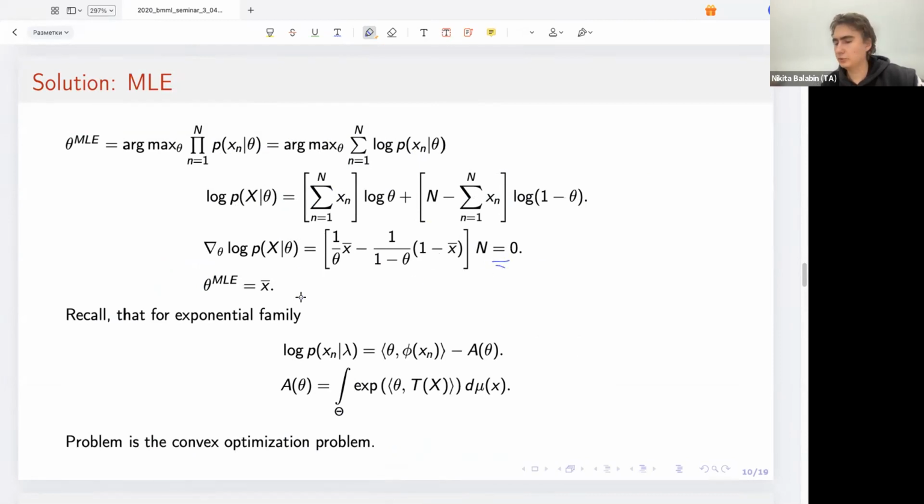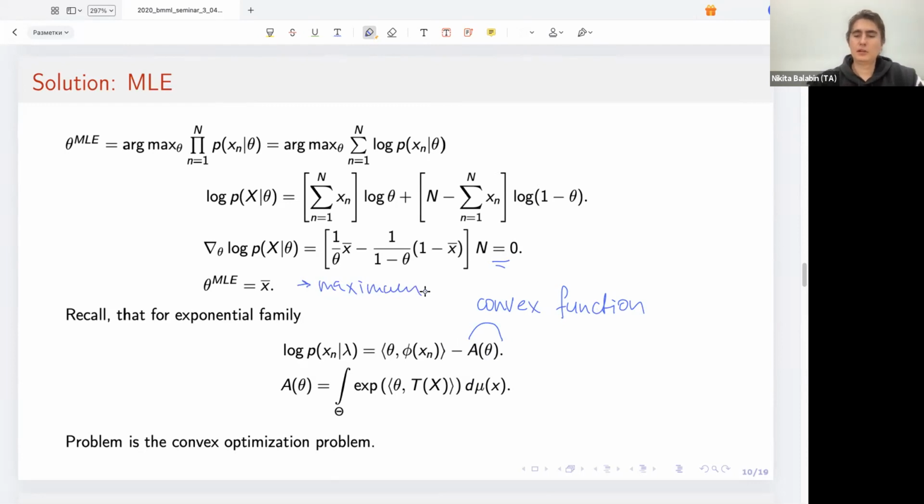But we also need to check that it is a maximum, and we can remember that for the exponential family, this term is a convex function. We discussed this in the first seminar. And obviously, when we apply minus, we obtain a concave optimization problem. That's why the solution is the maximum.